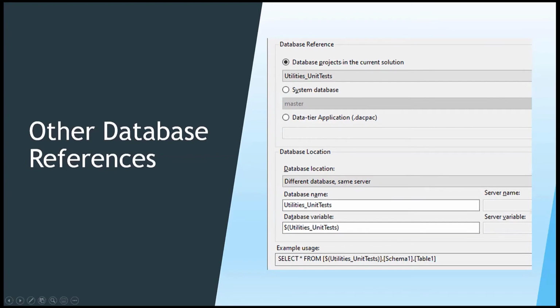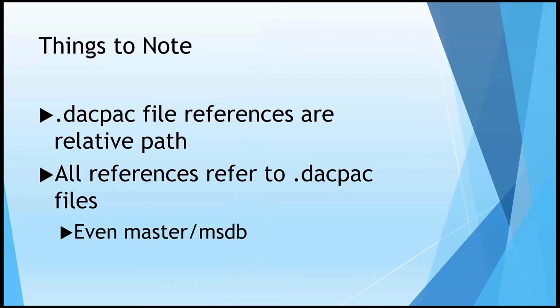You can just directly refer to another project in the same Visual Studio solution, or you can refer to a system database like master or MSDB, and that's usually because you want to use some of the sys objects that need master. Or if you want to refer to a project that's not in your solution, then you can refer directly to the DACPack file that comes from building that project.